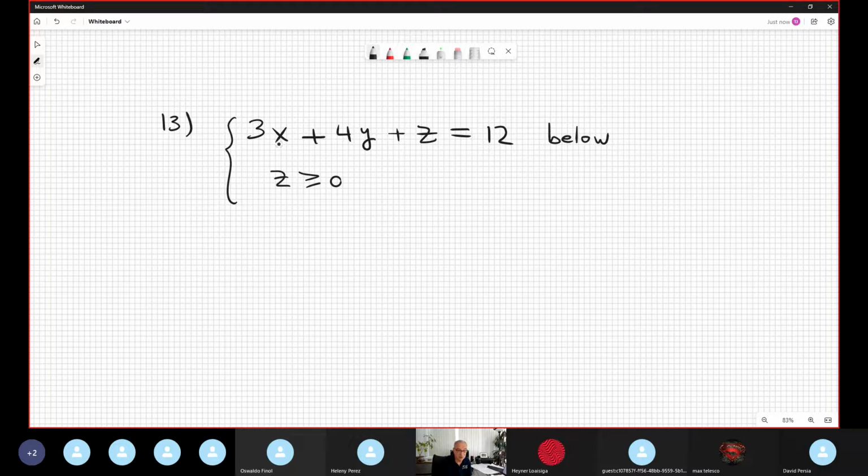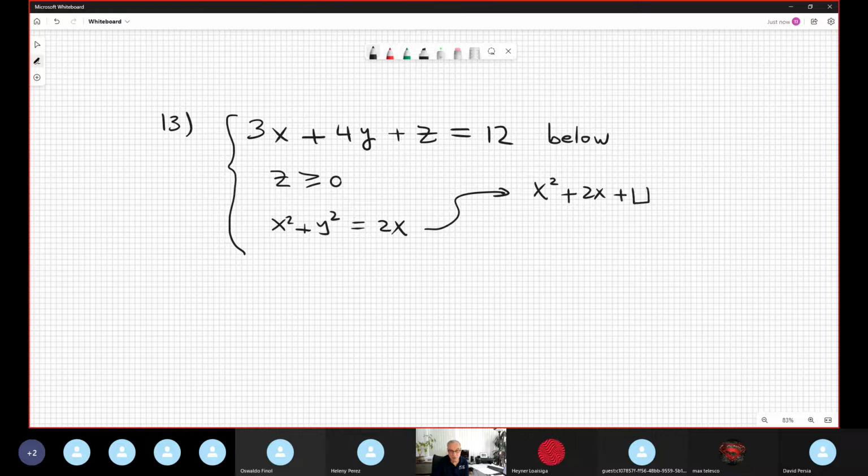x squared plus y squared equal to x, no? By the way, we computed before, no? We complete the square, right? It's similar. So when you complete the square, you get x. No, but it's different. It's x squared plus 2x plus box plus y squared equal box. The magic number to complete the square is 1.